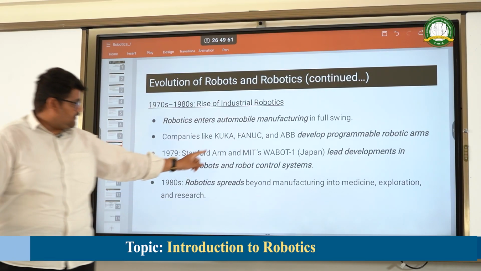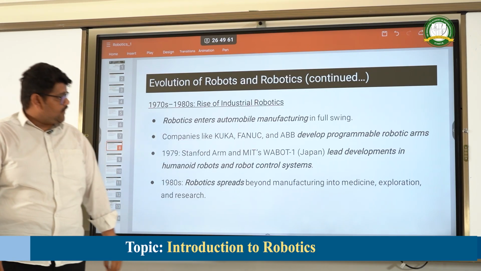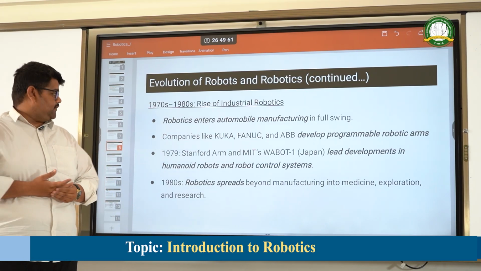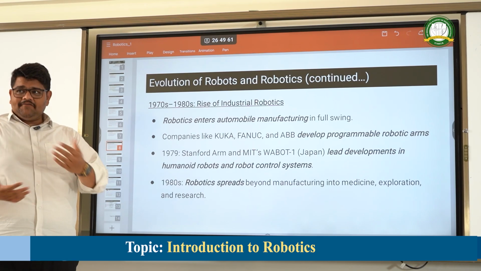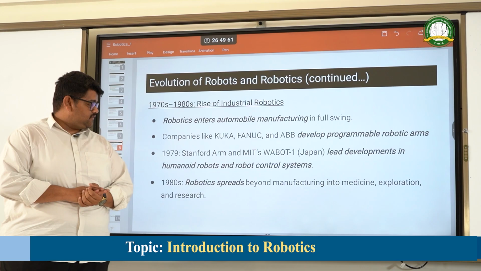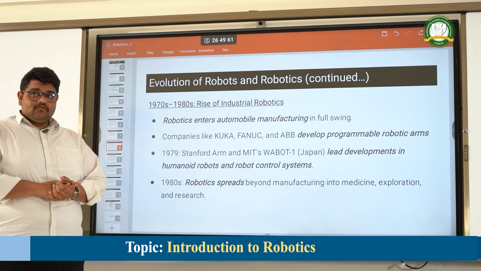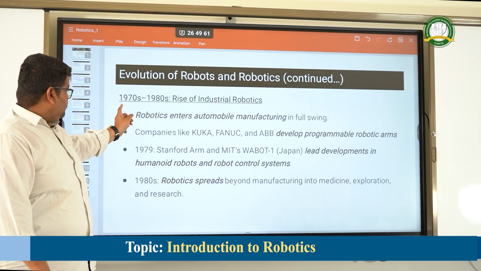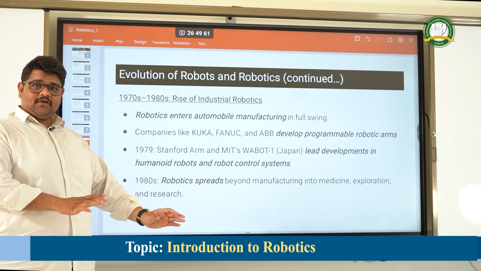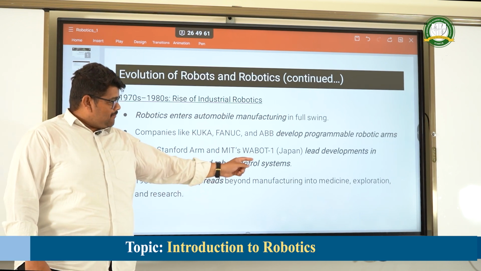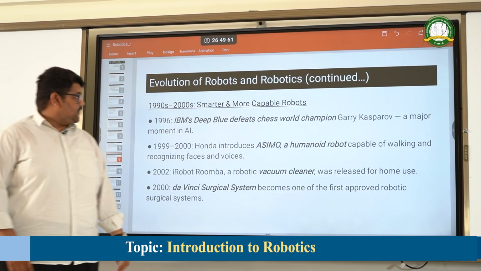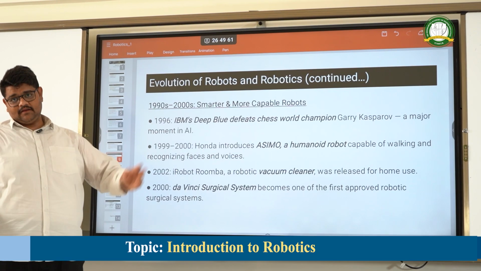Companies such as KUKA and ABB developed programmable robot manipulators, and leading developments in humanoid robots were introduced during these years. Robotics spread from just industrial adaptation to adaptation in medicine, exploration and research usage. These were very important years.